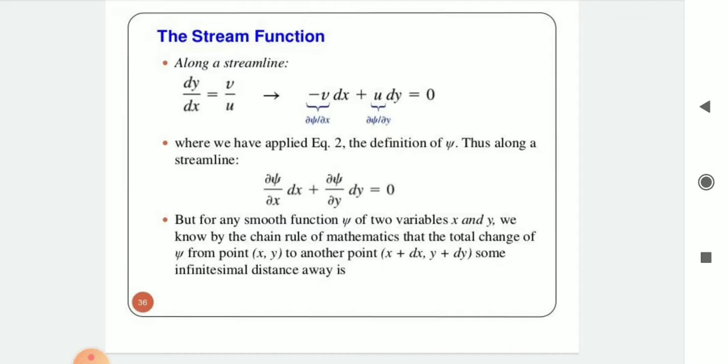Where we have applied equation 2, the definition of psi, thus along a streamline d psi by dx into dx plus d psi by dy into dy equal to 0.